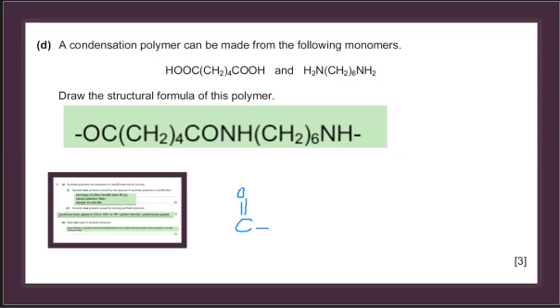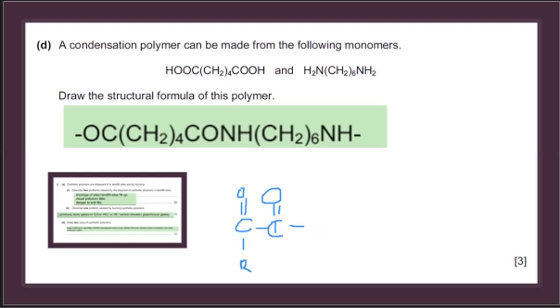So I'm just going to call this my R group. CO. I have an R group here. And then I have another carbon here, C double bond O. The OH is removed, so let me erase this O here.